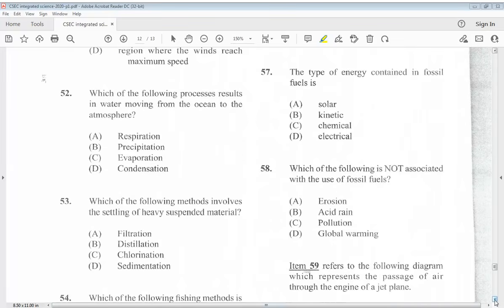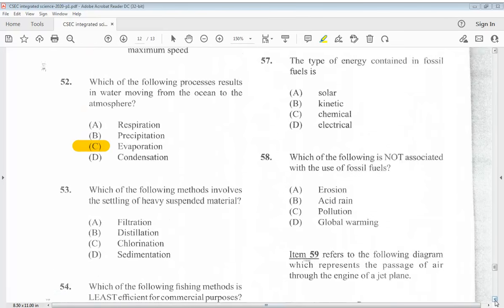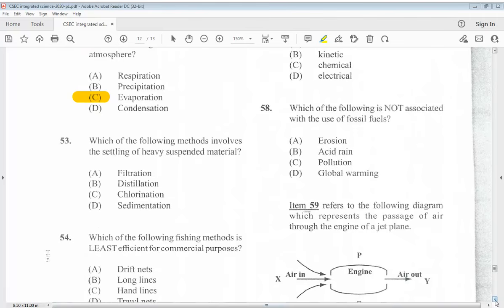52. You can go ahead and read it. So we know the answer for 52 is C. Let's go to 53. So you can read 53 too.